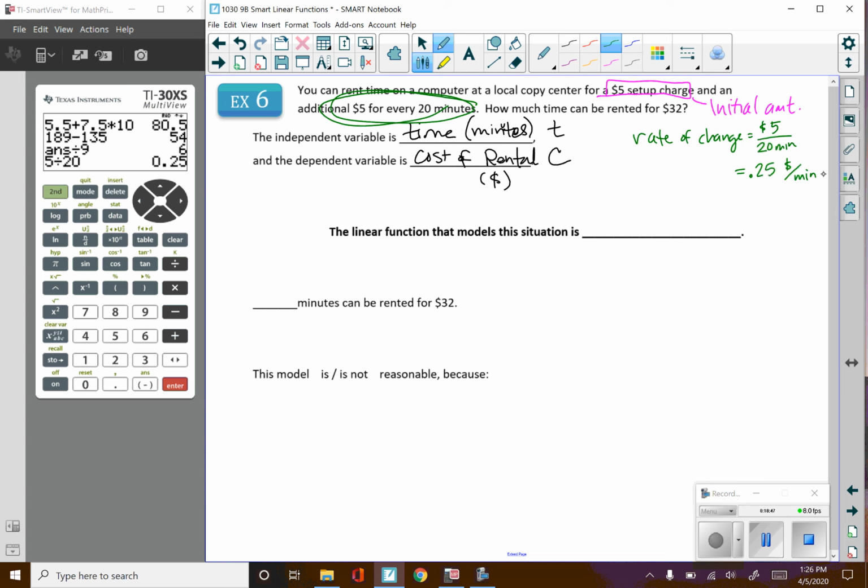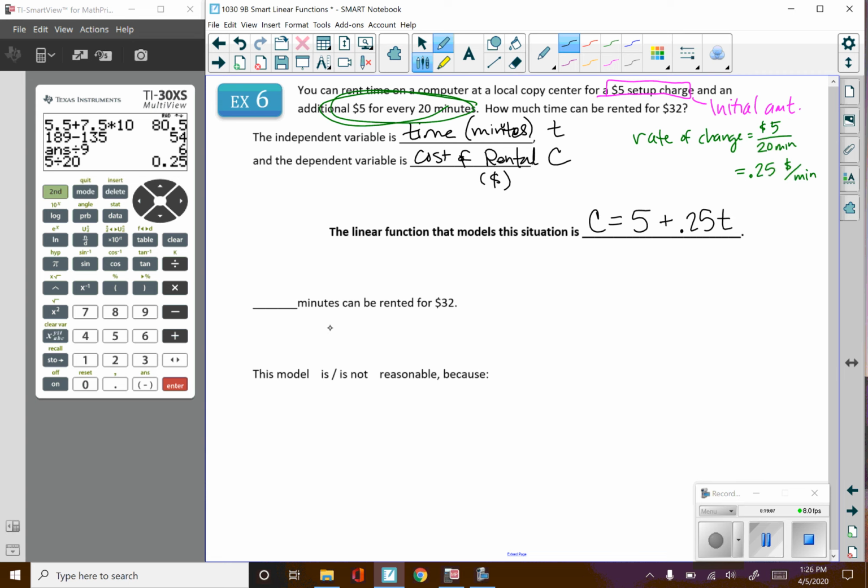So if we are writing our equation, that cost is going to equal the $5 initial starting fee plus 25 cents per minute. So there's our equation, $5 plus 25 cents per minute.